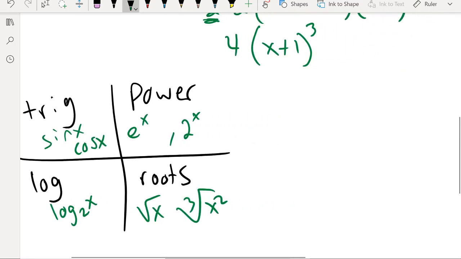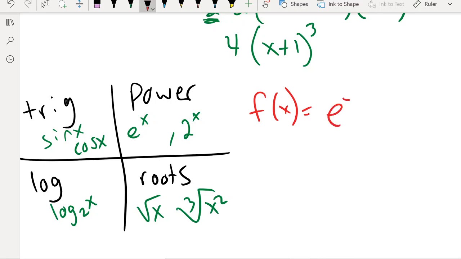So let's look at one example, and this is what you do with what I just showed you. You look for those things, and however many of those things are in a function, that's typically however many times you're going to have to take the chain rule. So here's the example. Let's say we have e to the sine of 2x.